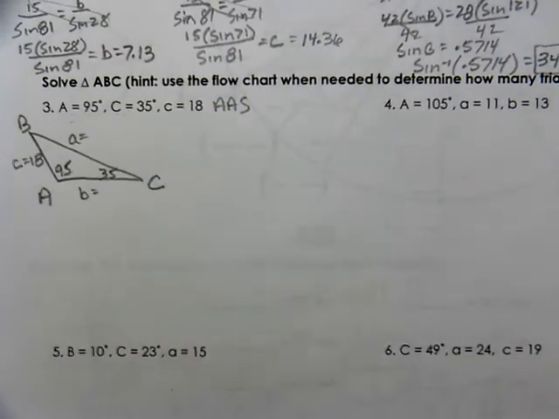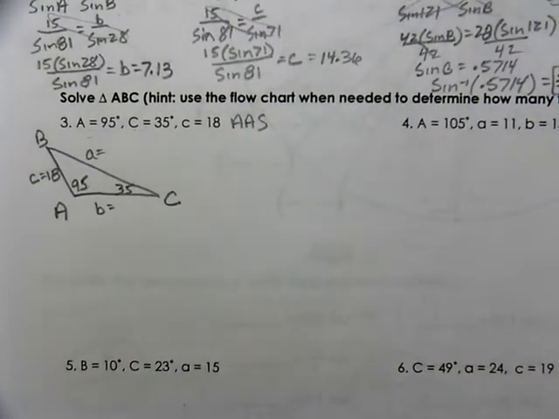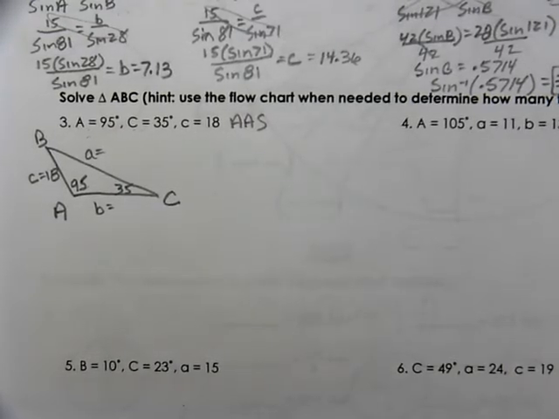If they give us angle side, we don't have to worry about how many triangles there are. There's one triangle and we move forward. The only time we have to consider the number of triangles is if we're working with a side angle.